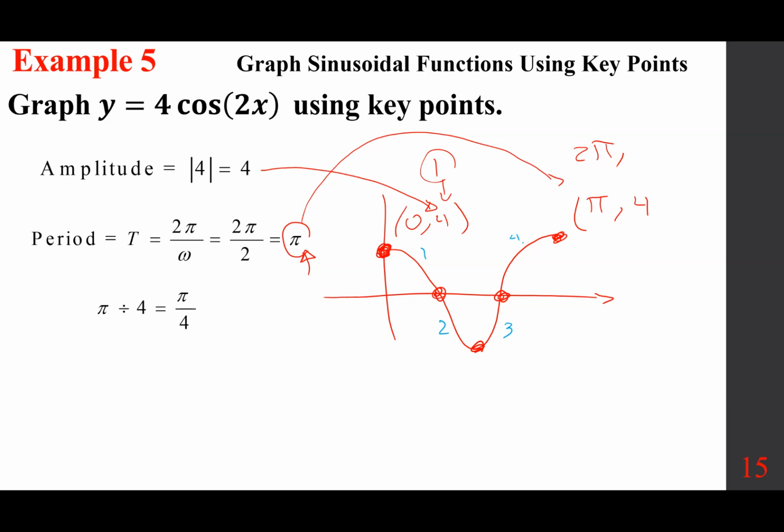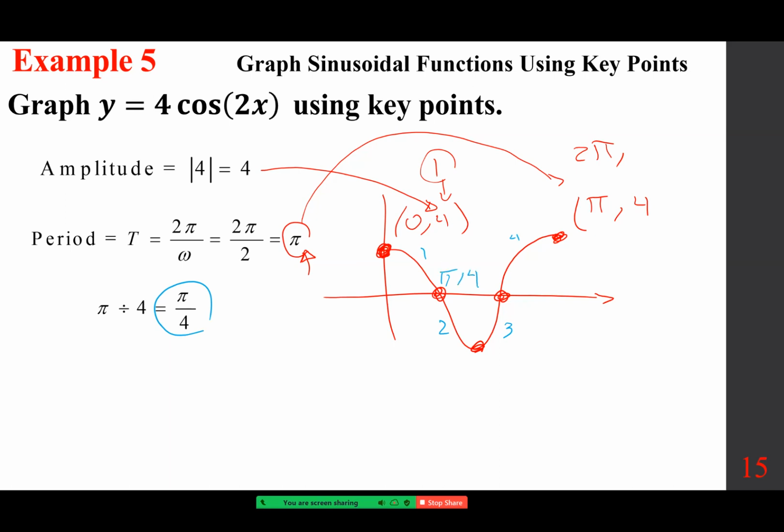And since there is no phase shift, that means we start from the y-axis, okay? In this case, 0, 4 would be the starting point of the graph. As far as the 4 arcs, this means the first step is pi over 4.